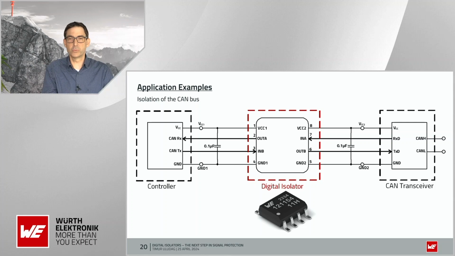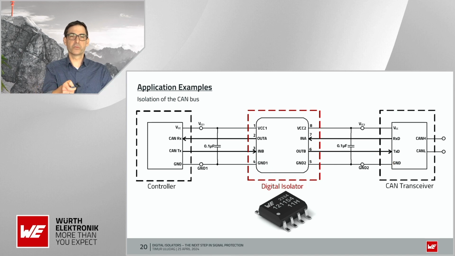A second well-known application is a CAN bus. As you can see here, the digital isolator is placed in the middle between the controller and the transceiver.